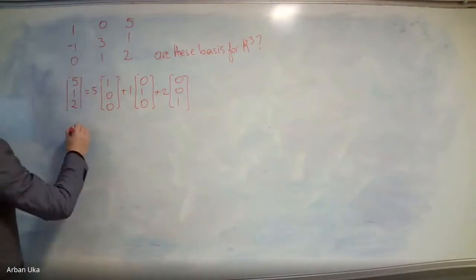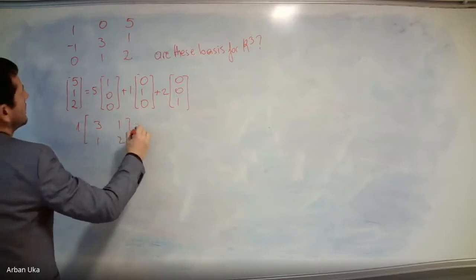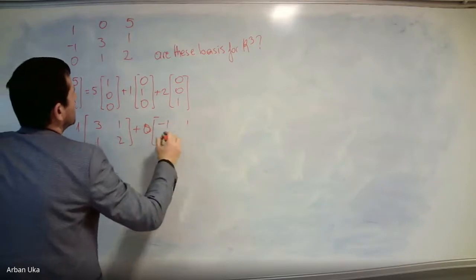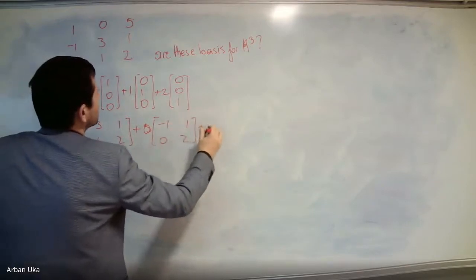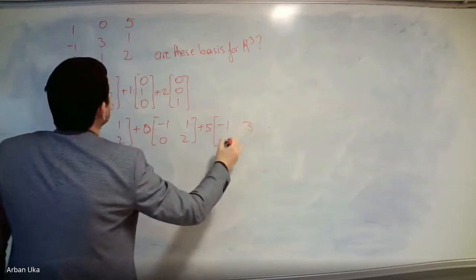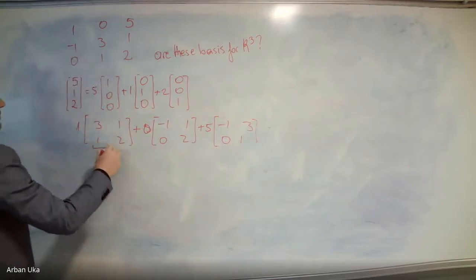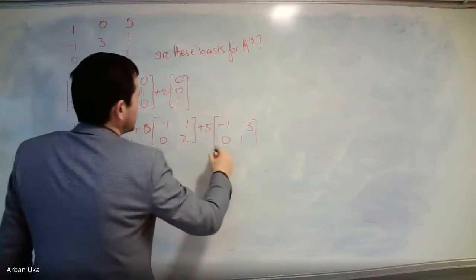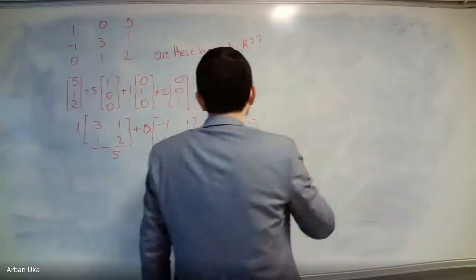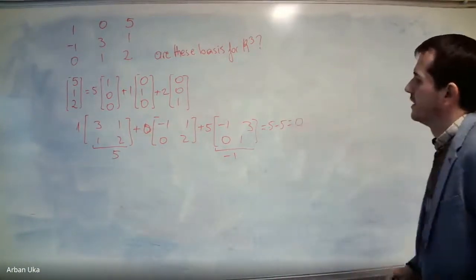So we have 1 times the determinant of 3, 1, 1, 2, plus 0, let's do this one also, minus 1 times the determinant of 1, 0, 2, plus 5 times the determinant of minus 1, 3, 0, 1. And here we have 6 minus, this is 5, this is minus 1. So here we have 5 minus 5, this is 0.